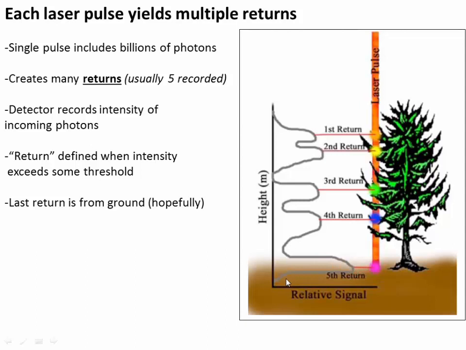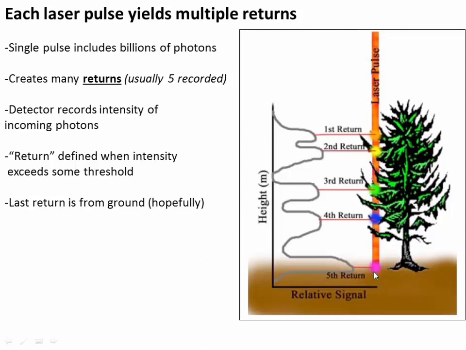And typically what the processing has to do is establish some background level and then say, okay, anything above a background is going to be categorized as a discrete pulse, okay, or a discrete return. And the hope is that the last return is typically taken as the return off the ground.